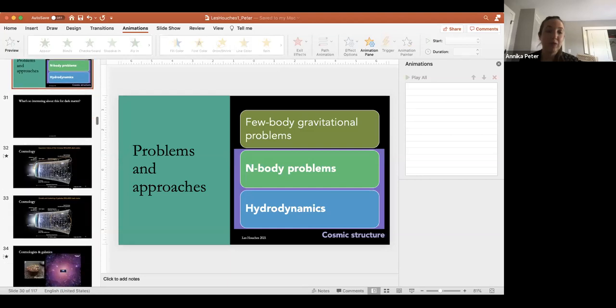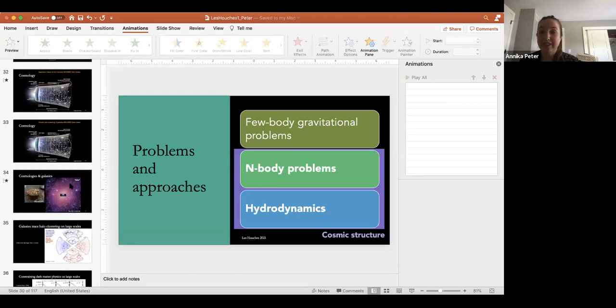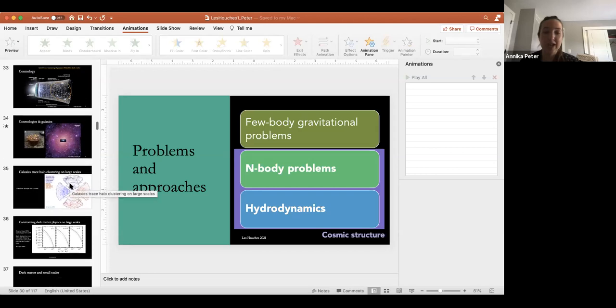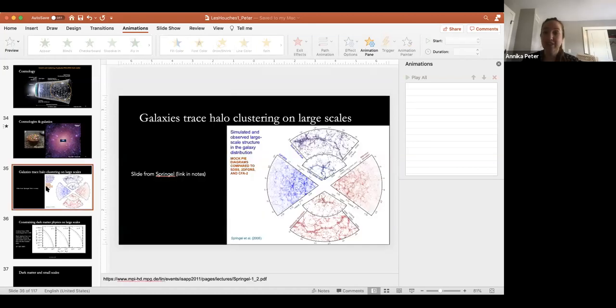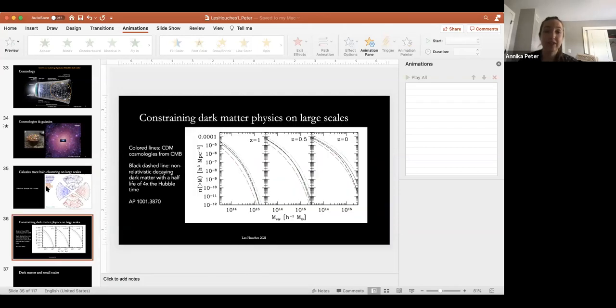Where we ended yesterday was a discussion of why you really need to consider these approaches together, and why it's important to understand the connection between these two components. We talked about how galaxies live in halos, and so by tracing galaxies, you trace dark matter halos.